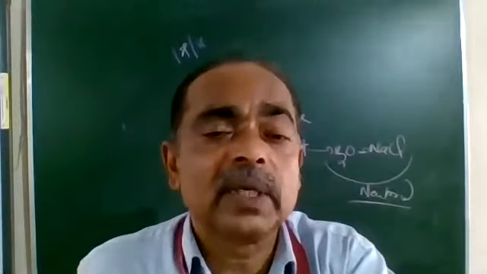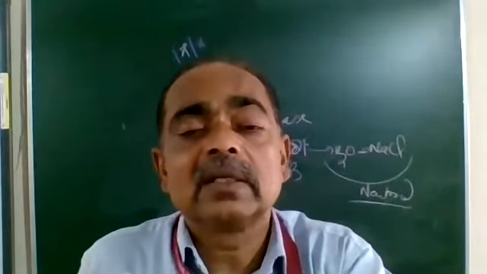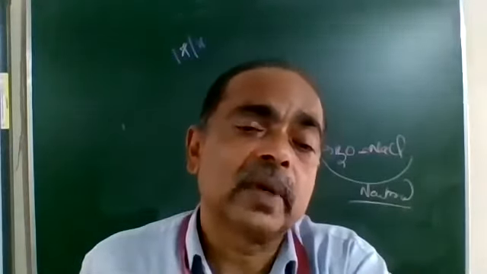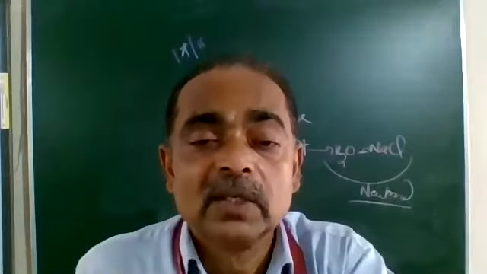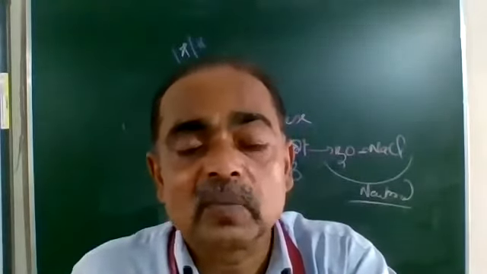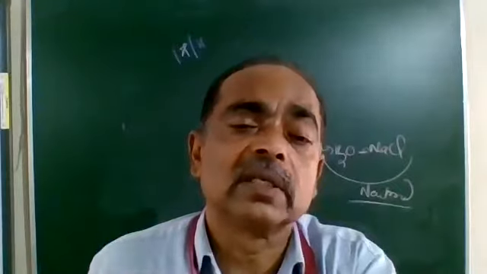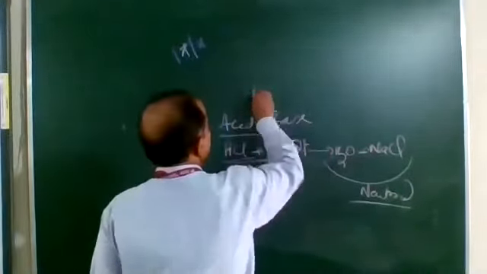So the color of pH paper when the solution is neutral is green. Therefore, NaCl is neutral because it is a product of a strong base and a strong acid. Therefore, its pH will be 7. Understood it? So any salt that is obtained by the reaction of neutralization between a strong acid and a strong base is neutral. For example, one more one, Na2SO4.